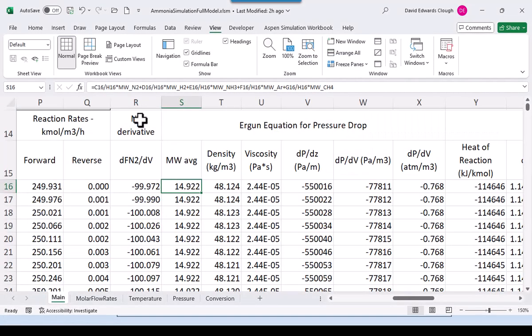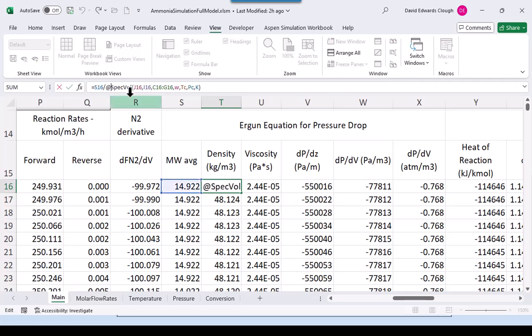So that is a long formula for that. I need my density, all right, and the density is 1 over the specific volume, all right? And the specific volume, I'm getting that from the Peng-Robinson equation of state, all right?